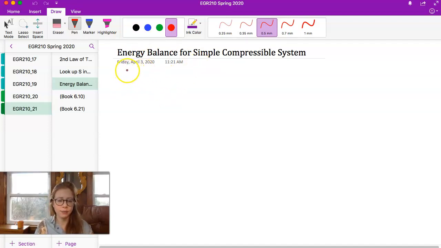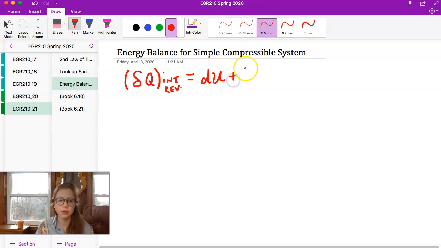For this, the infinitesimal heat transfer, del Q, for an internally reversible process is going to be equal to dU, the change in internal energy, plus del W, the infinitesimal work for the internally reversible process.